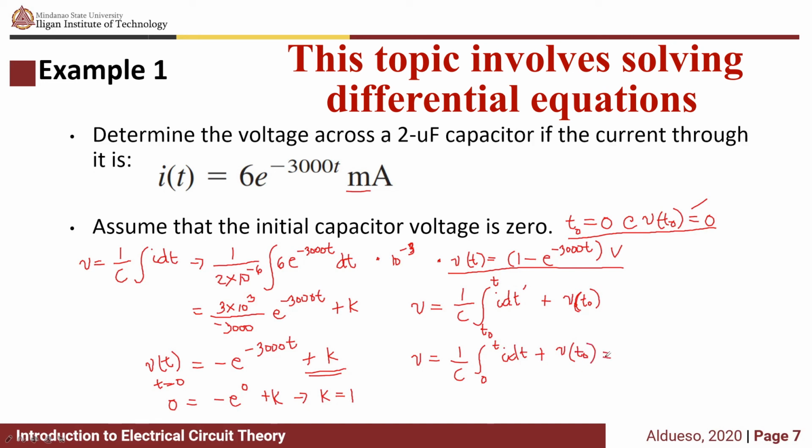So this is equivalent to 1 over 2 times 10 to the negative 6 integral of 6e to the negative 3000t dt, times 10 to the power of negative 3.